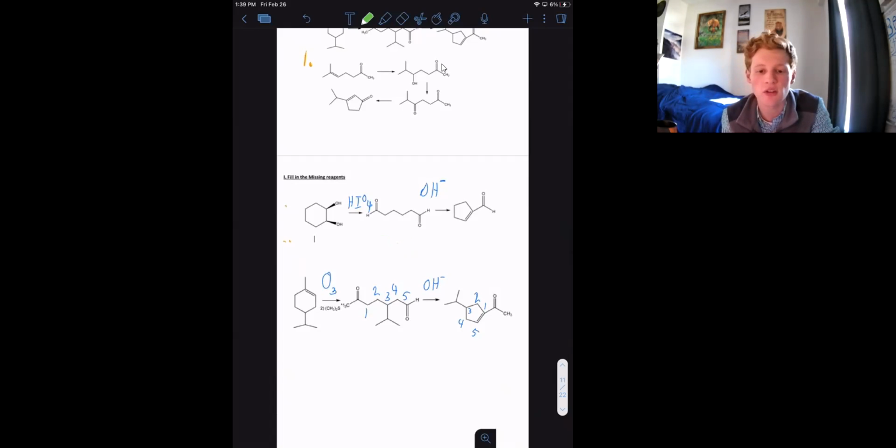And then you can do periodic acid after that to basically get the exact same product as you would if you were to do ozonolysis. So really you can just do periodic acid and then count out your carbons. So 1, 2, 3, 4, 5. And so you'll have this carbon here come back and attack this site.